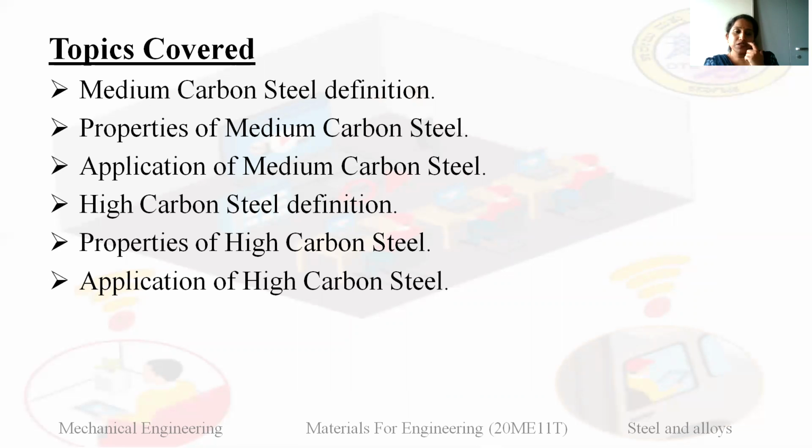When it comes to the application of high carbon steel, it is used in most of the machine tools like rock drills, bench vise, chisel, railway wheels, etc., where it has to sustain a lot of vibrations or the cutting force, and the heat generated during the cutting action. So these are all the applications of the high carbon steel.